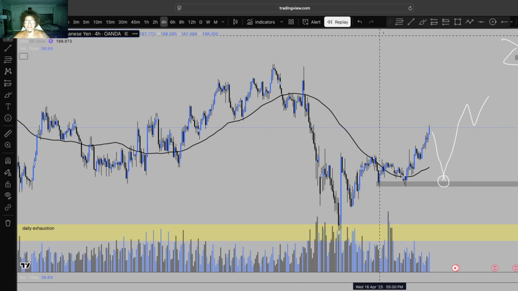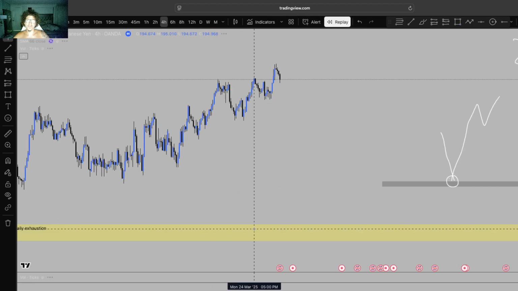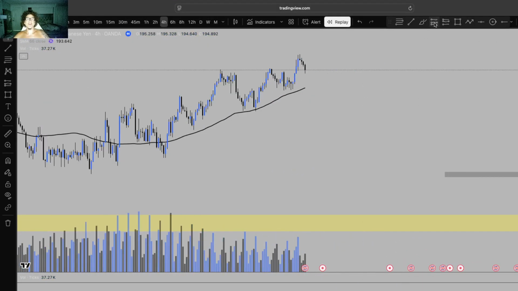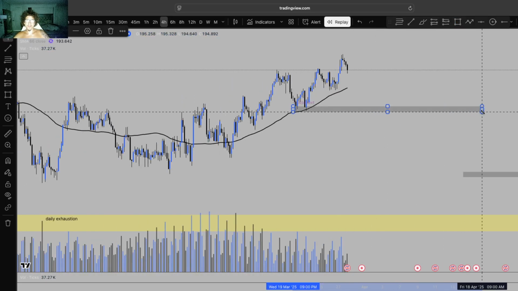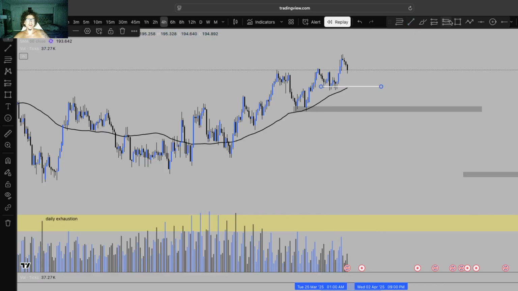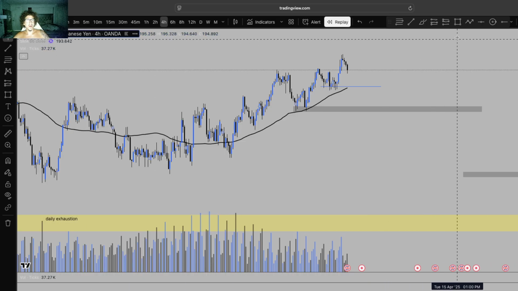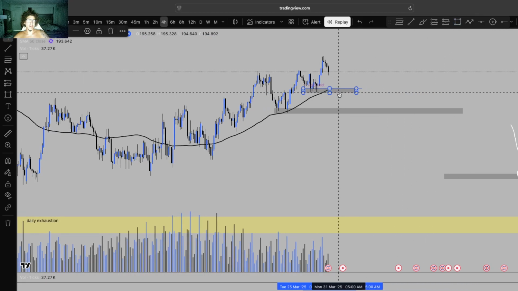Of course, these areas break, and I'll show you. This right here, look, if I didn't have this marked, if I didn't know where it would go, an exhaustion area that I would draw would be here, and I have a random line here, but I also have a little exhaustion area right there.